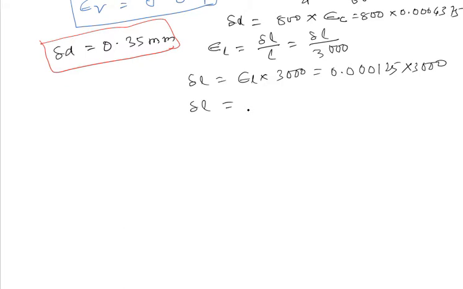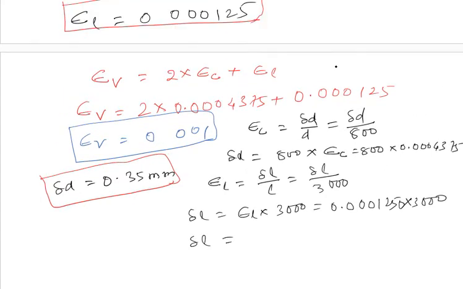So 0.000125 into 3000 is equal to 0.375.